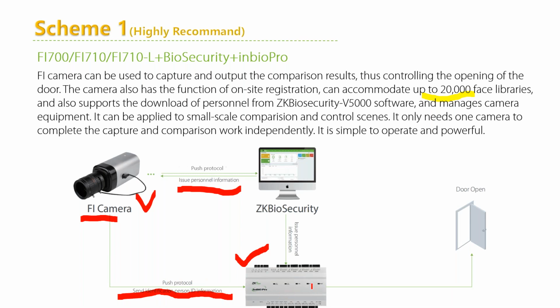Then the controller determines whether the person has the permission to get through the door or not. If the person has the permission, the door will open. We can regard the FI camera as the reader-head of the inBioPro controller. The FI only compares and sends information to the controller, and the controller assumes the task of configuring the personnel permission.